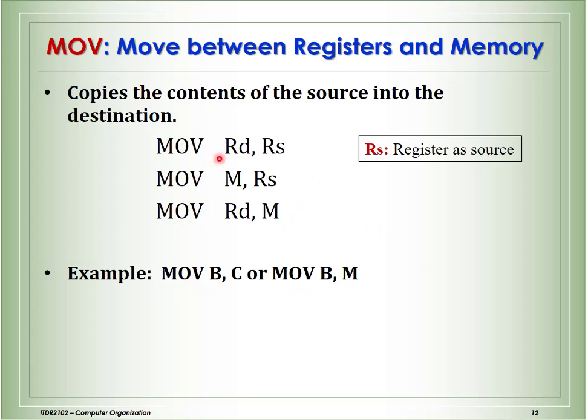MOV means the contents of the source register will move to the destination register. So move basically means copy, and remember the contents of the source register will not be changed here. This is very important to know. Same here, the contents of the register move to the memory, and the contents of the memory move to the register, and so on.